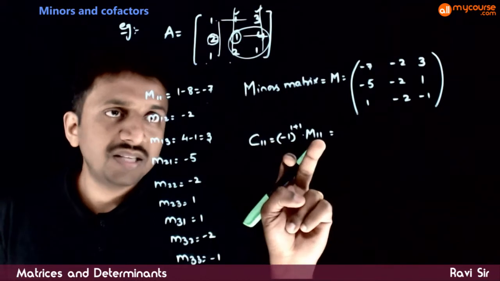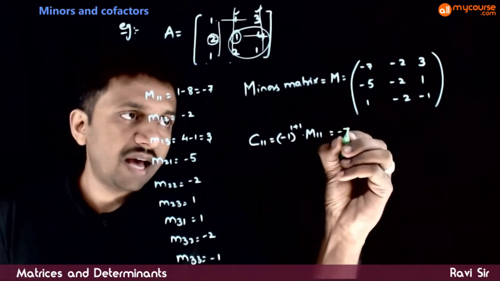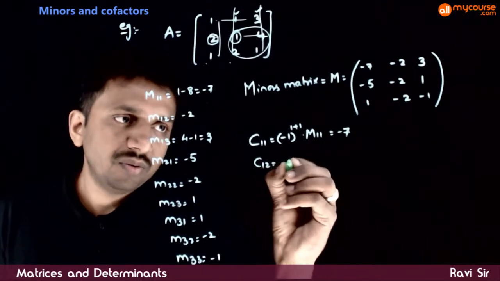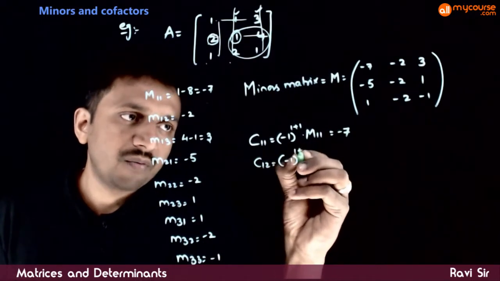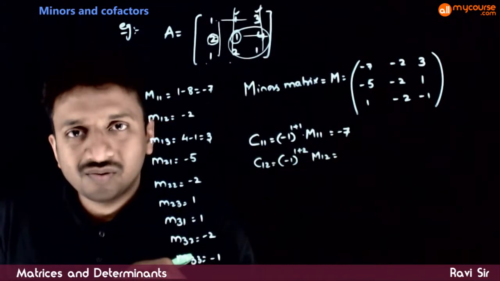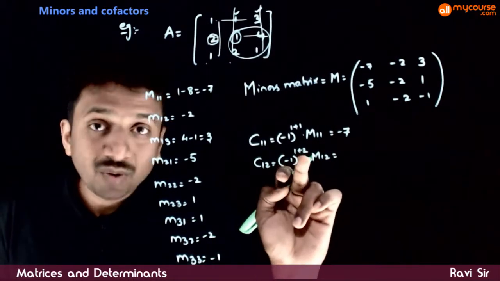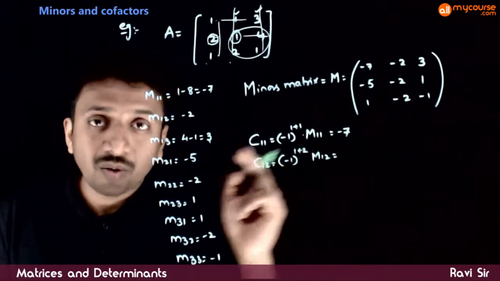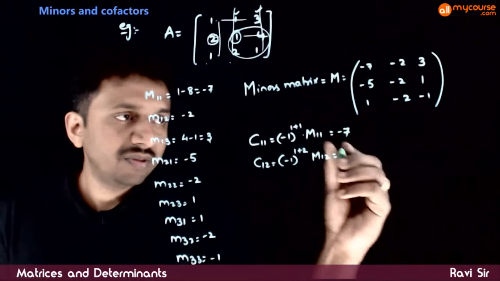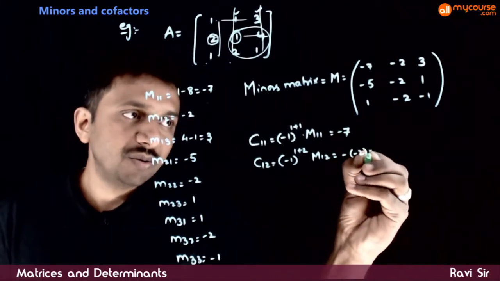So C11 is the same as M11, so you have minus 7. What is C12? Minus 1 whole power 1 plus 2 times M12. Now 1 plus 2 is an odd number, so minus 1 whole power odd number is minus 1. So minus of M12. Minus of minus 2 is plus 2.